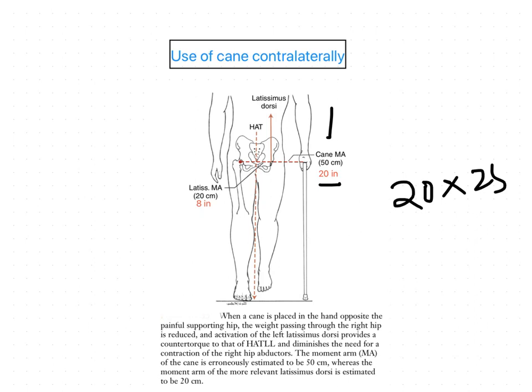Although, they propose that the force of the downward thrust on the cane arrives on the pelvis through a contraction of the latissimus dorsi. How does it happen?